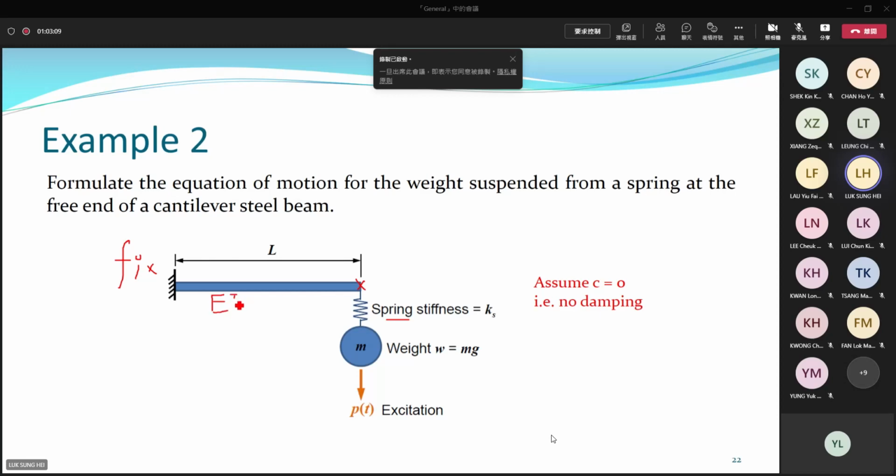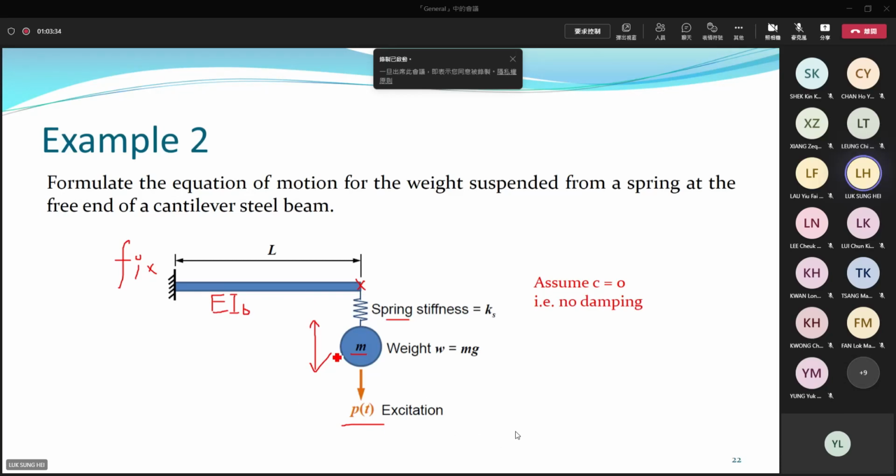Maybe I call this EI_b. Beam has stiffness, correct? EI_b. And the mass has self weight mg. This mass has self weight. On top of that, we have external force T along the vertical directions. So from this picture, you can observe that the system is start to vibrate vertically, not horizontally.